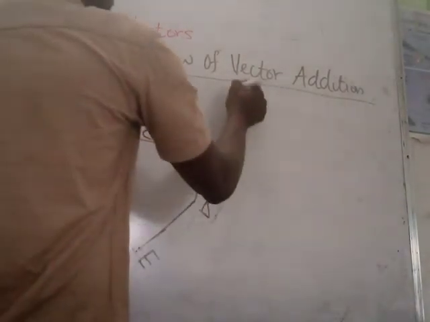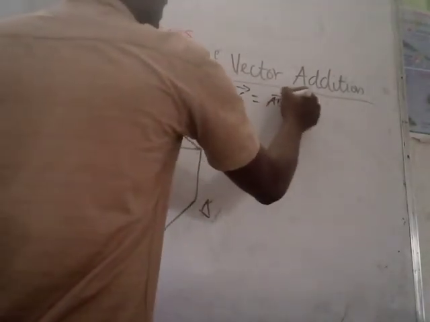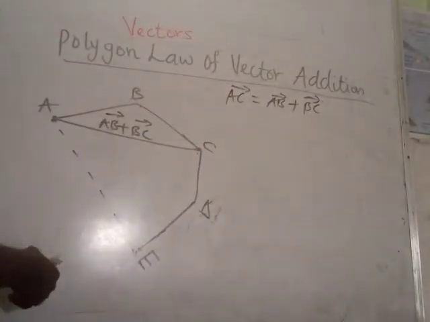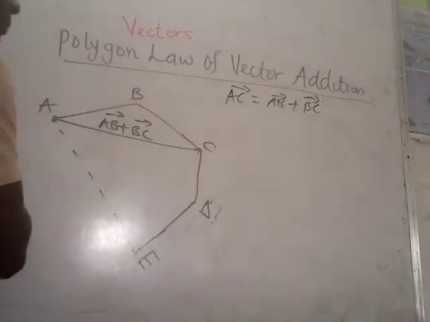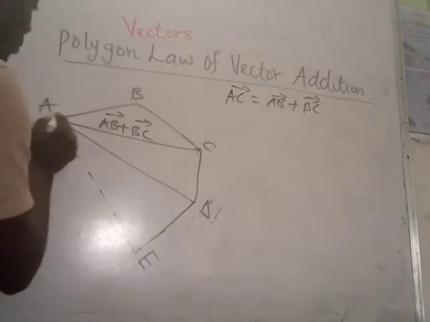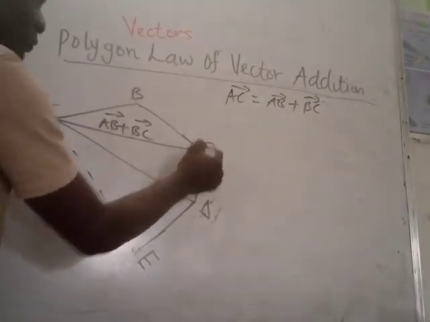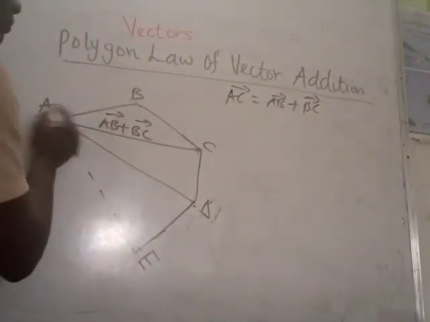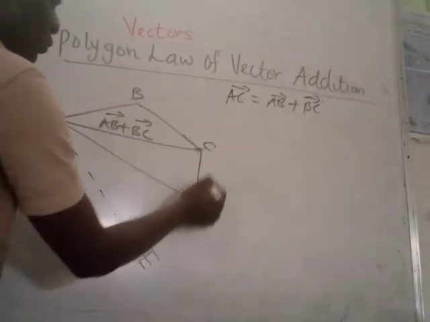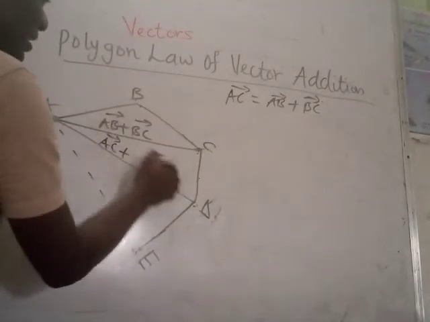Again, if I want to move from point A to point D, either I move directly from A to D, or I move from A to C, from C to D. So the resultant through C is AC plus CD.